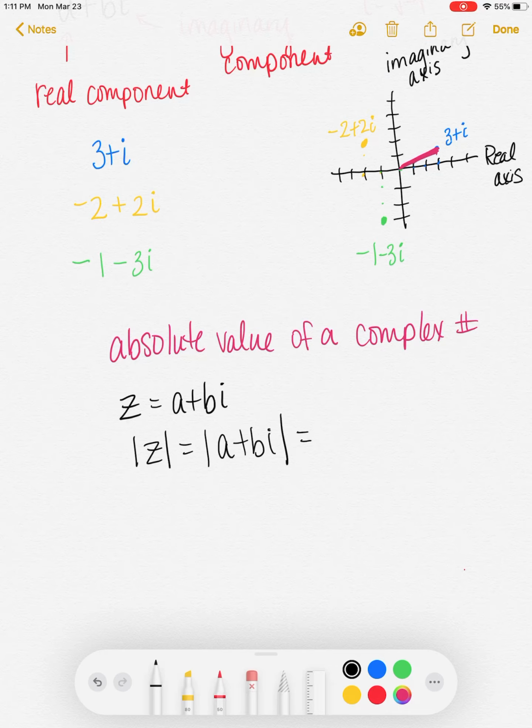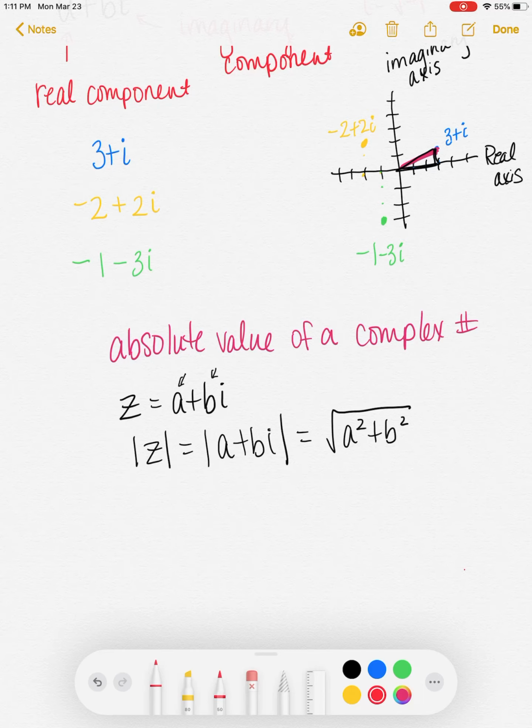The way we find that comes from the Pythagorean theorem. You can see the triangle here. So it's going to be the square root of a squared plus b squared. The a comes from the real component, the b comes from the coefficient of our imaginary, and that will give us the distance from 0.